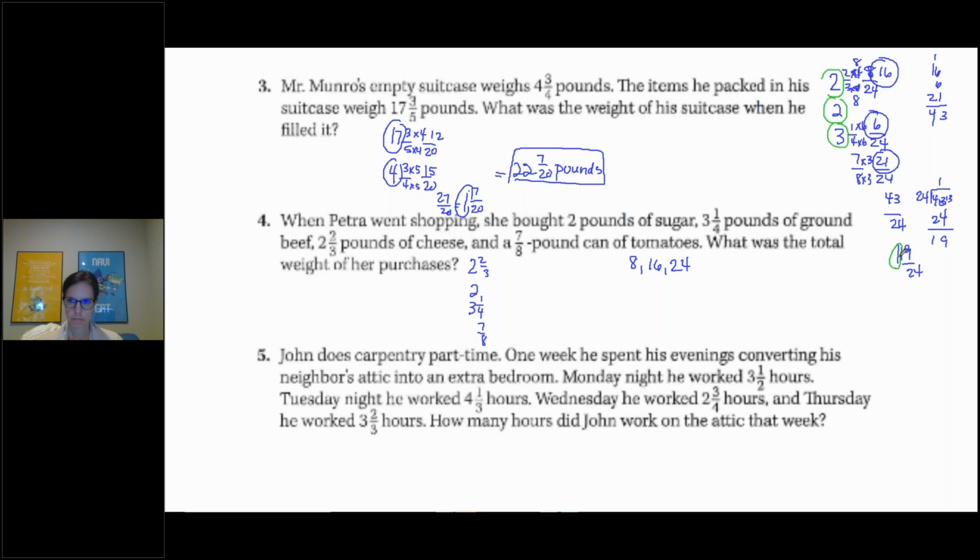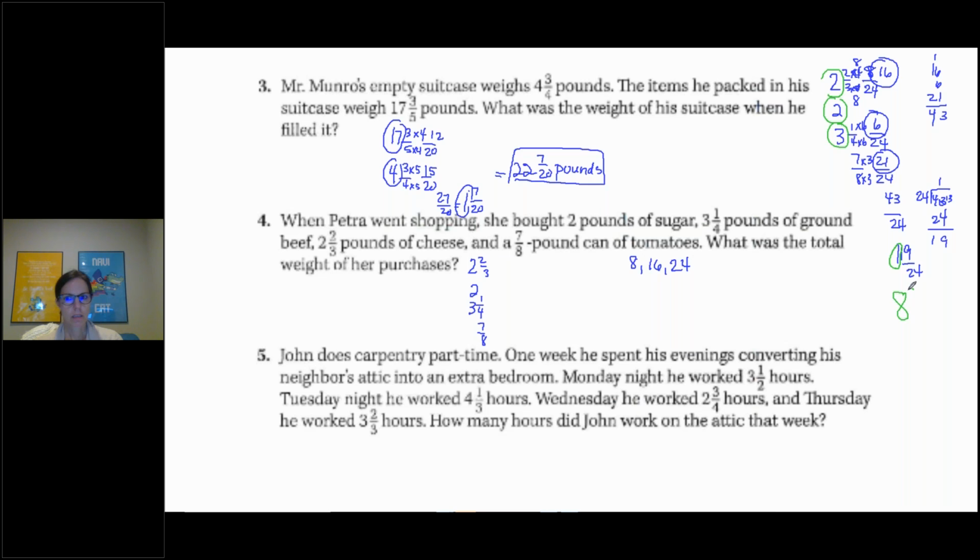The total weight was 7 pounds and 19 over 24. You're super close. Add those big numbers one more time. 2 plus 2 plus 3 plus 1 plus 7. 2 plus 2 is 4. 4 plus 3 is 7. 7 plus 1 is 8.